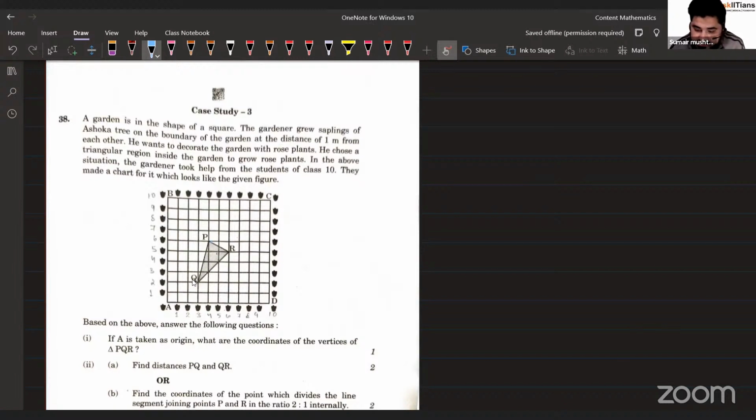You have to find the distance. I think nothing else. Come on, guys. Let me know. Any doubt here?